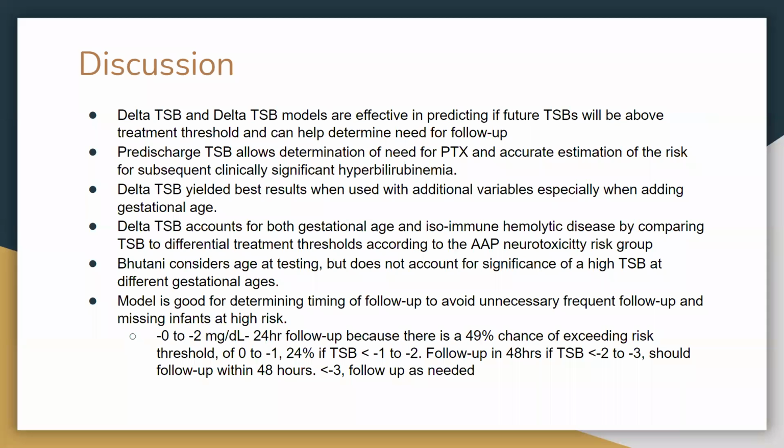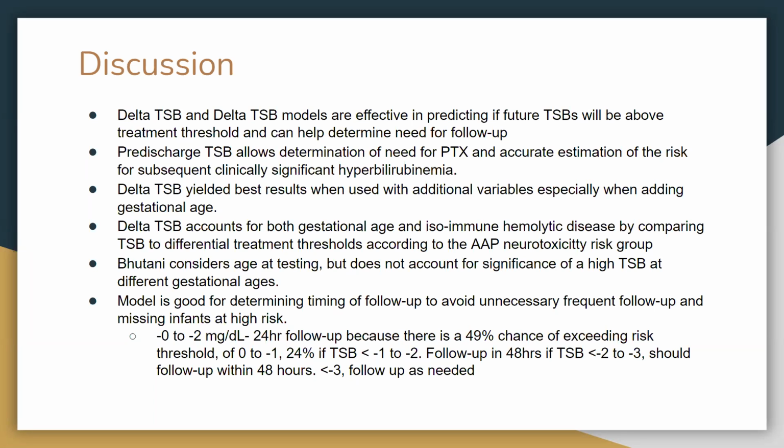Because they're able to predict this, they're helpful to determine whether or not kids need to follow up their bilirubin. They also found that your pre-discharge bilirubin plays a huge role in determining whether or not you'll need phototherapy, and it's a good way to estimate what your risk is going to be down the line.